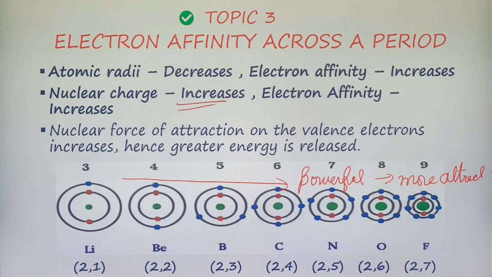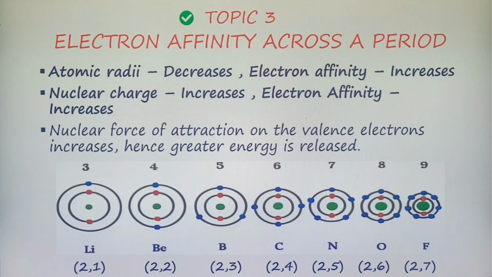As the nuclear charge increases, the more powerful the nucleus, the more will be the electron attraction. More quickly, the nucleus will be able to attract the electron. So as the nuclear charge increases, the electron attraction also will increase. Clear? So overall, what is happening here, children?